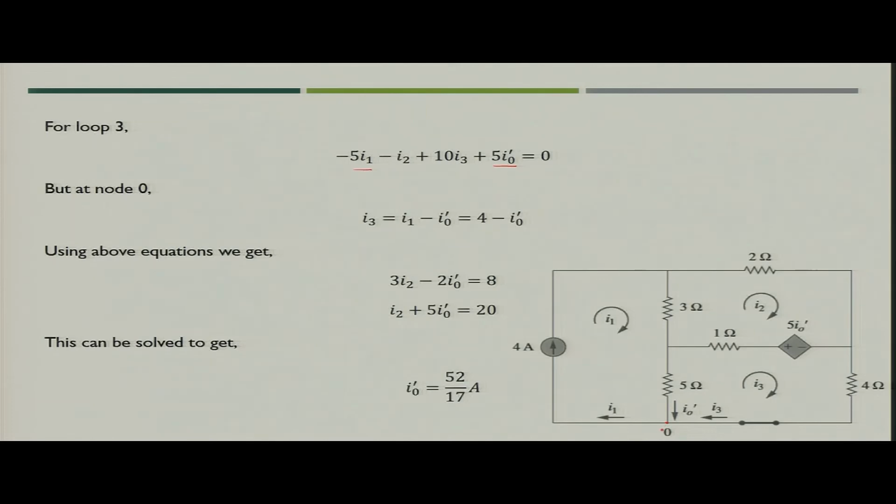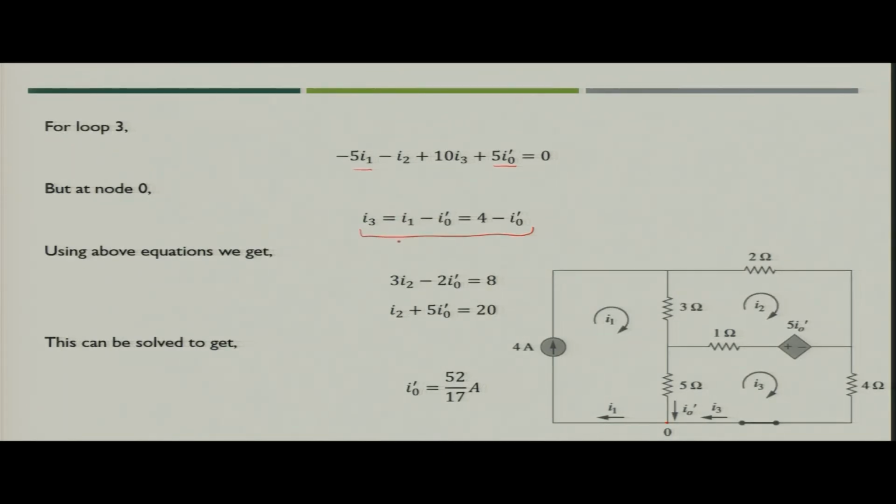We have to take one node and apply KCL also to find out the current relationships. So if you put KCL at node 0, I1 is nothing but I naught dash plus I3. When you simplify, you will get I3 is nothing but I1 minus I naught dash.